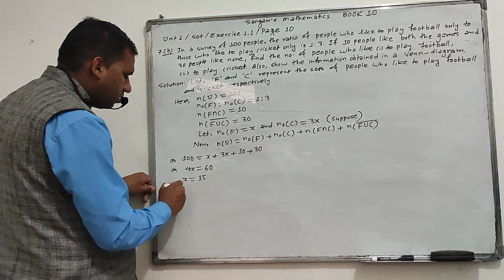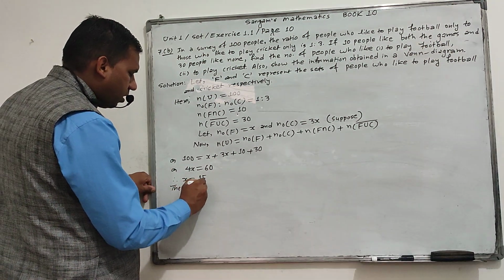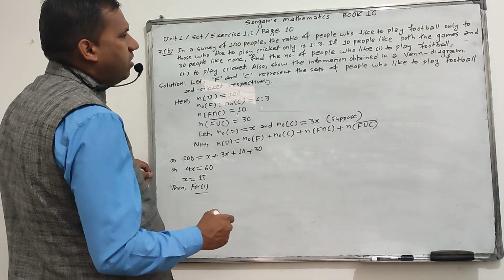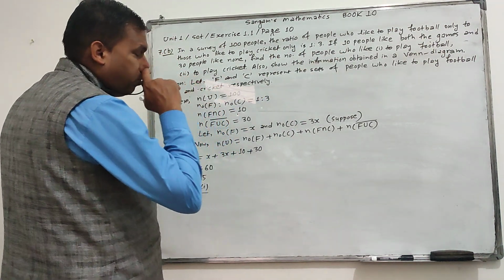Then for 1, we have to find the number of people who like to play football.